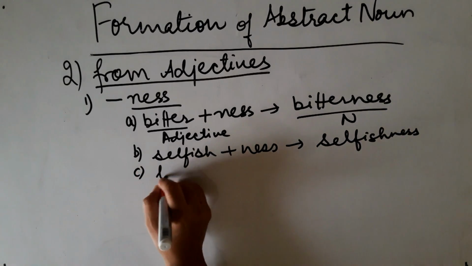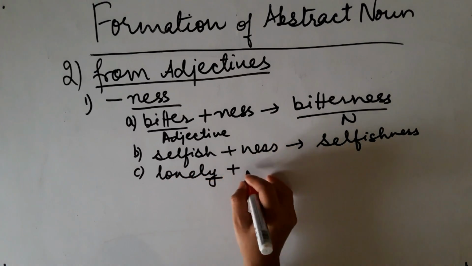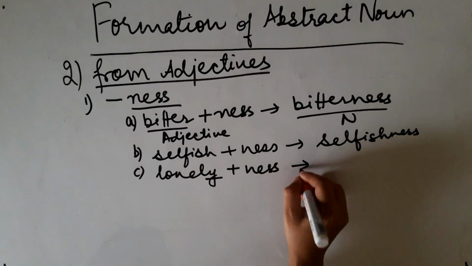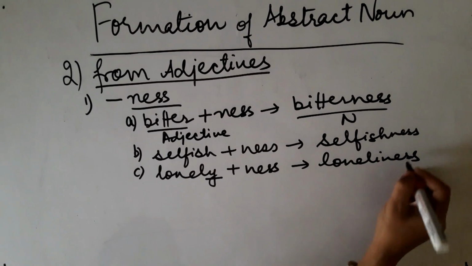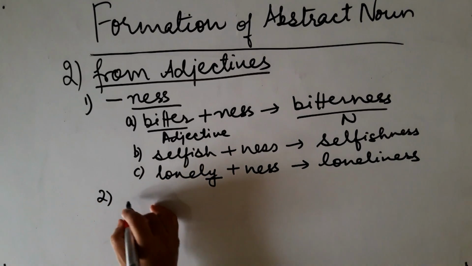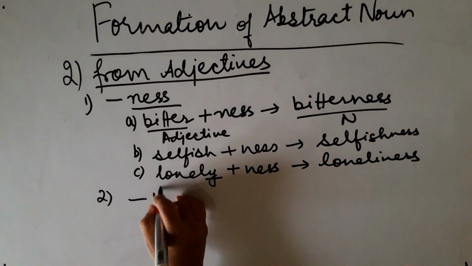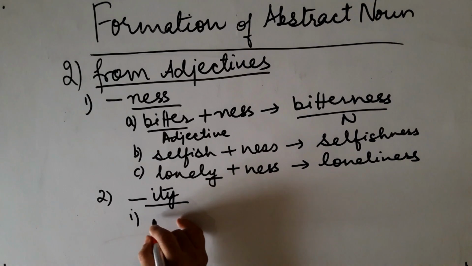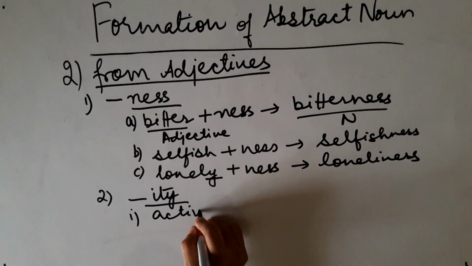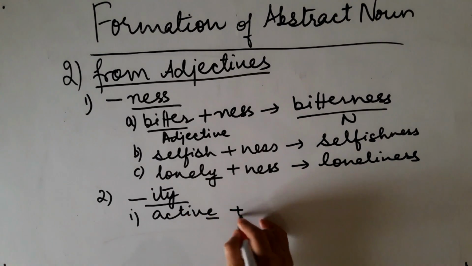I have another word like lonely. Here I will replace y with i and then I will add NESS. It becomes loneliness, which is a noun. Another way of changing adjectives into nouns is by adding ITY. Let's see what words I have in this. Suppose the word is active. Here I will replace e with ITY.